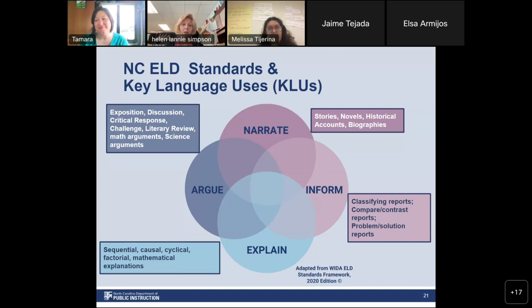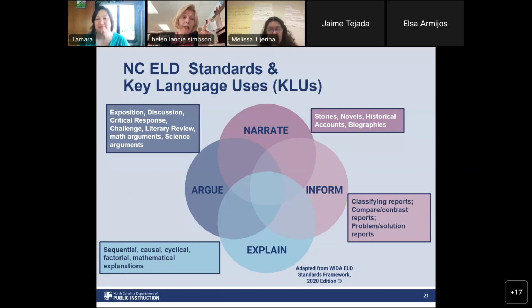One thing that WIDA does say in their standards resource guide is these key language uses certainly overlap within units and lessons, but what they encourage us to do is to consider what's the overarching key language use for our unit or our lesson.